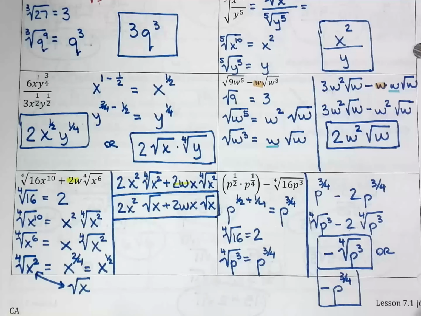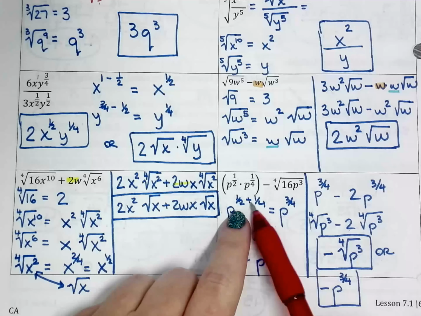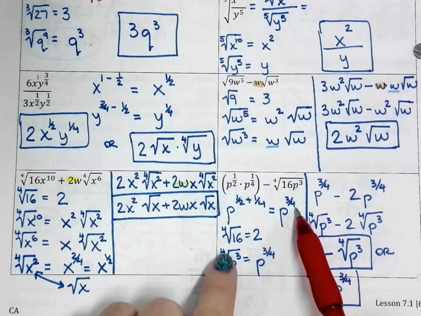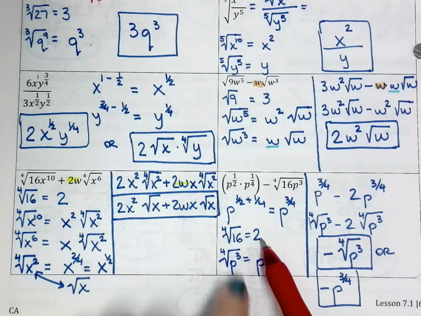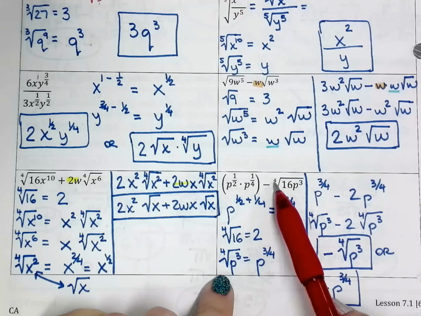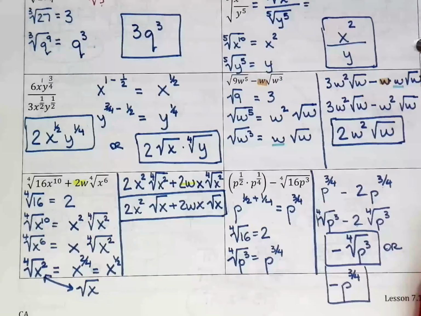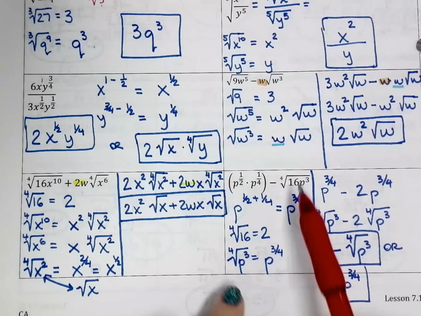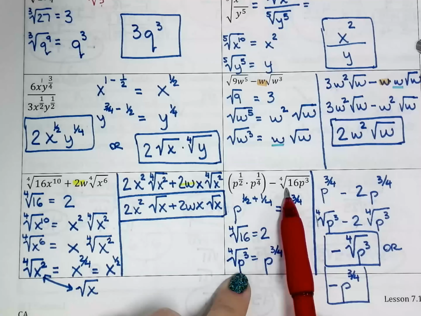And then the last example on this page, I'm multiplying, so I add the exponents. That's what I did here. Here I took the fourth root of 16 and I got 2. And then I separated the fourth root of p cubed. Notice how they gave me 2 different forms.